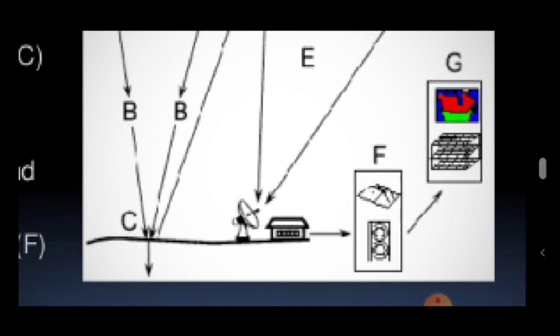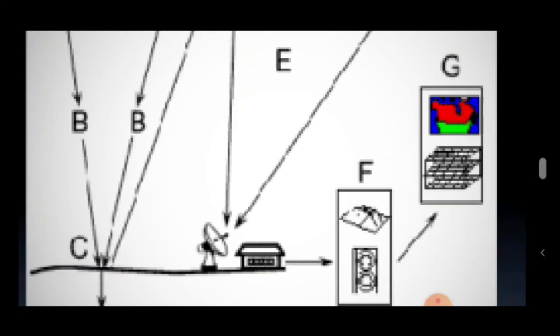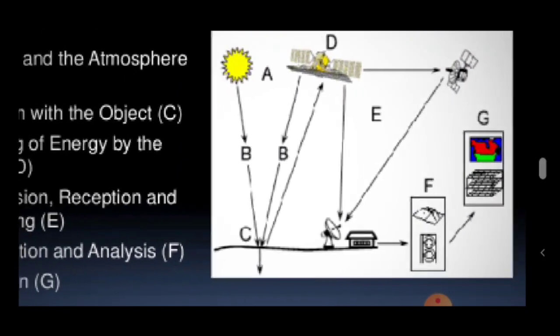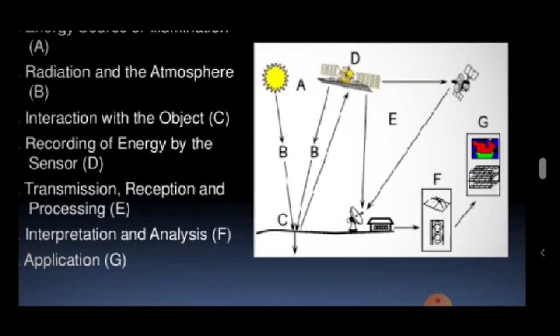Then the final element of the remote sensing process is the application. It means to extract information from the image about the target in order to better understand it and to reveal information, or all of these things are done simply to solve a problem.